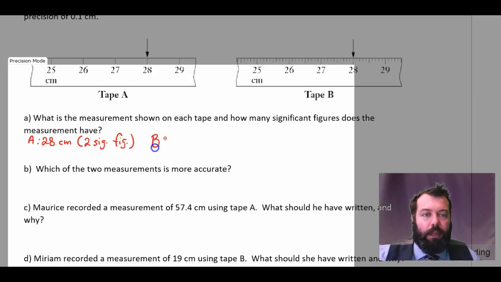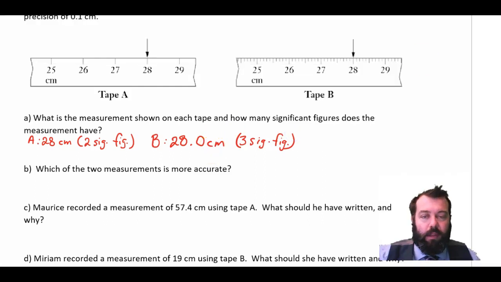But for tape B, again, it looks like 28, but we can actually say it's 28.0 because we should. Centimetres, that's 3 significant figures this time.